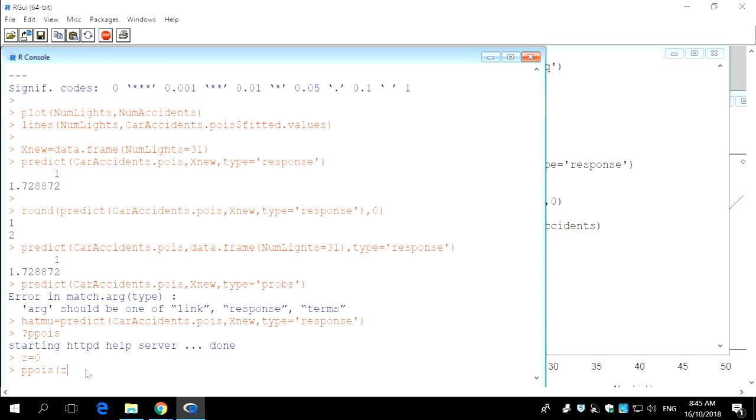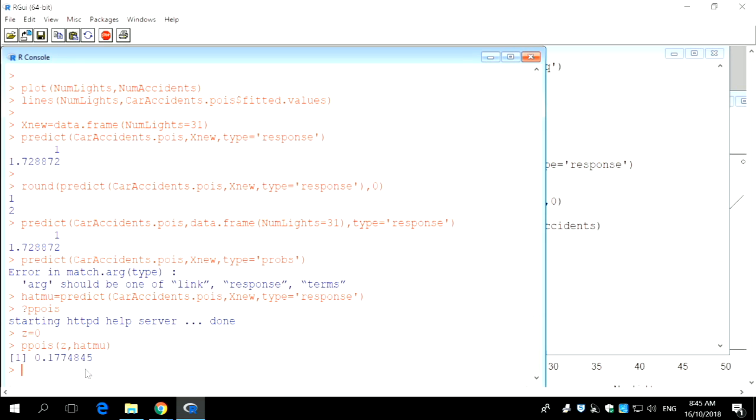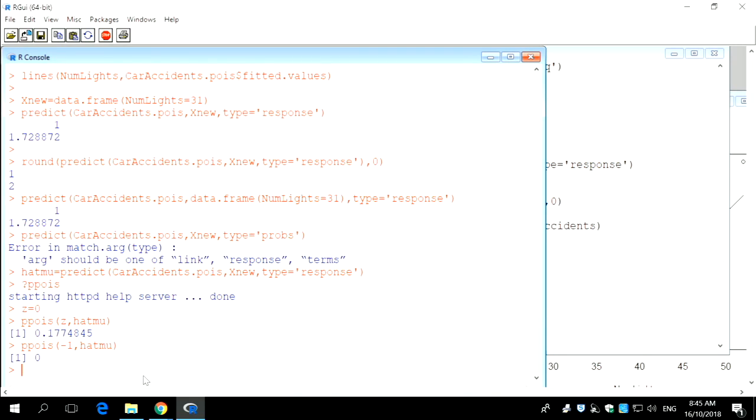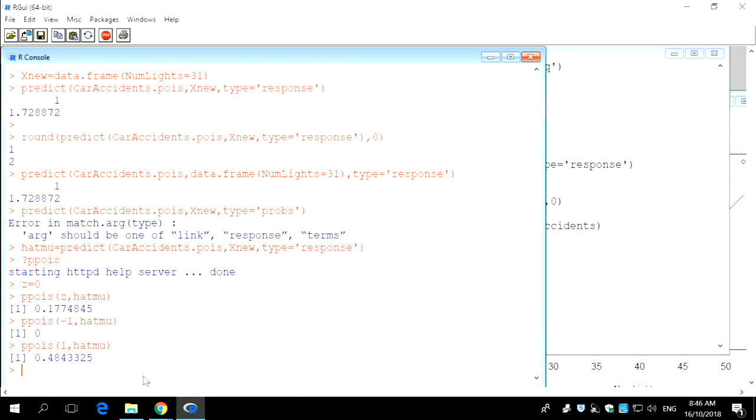So that's z, and the next argument is actually our estimated mean of response. And in this case, we get this probability. Also we can try maybe -1, and I think we should have 0. And let's also try 1, smaller or equal to 1. So you will have this probability.